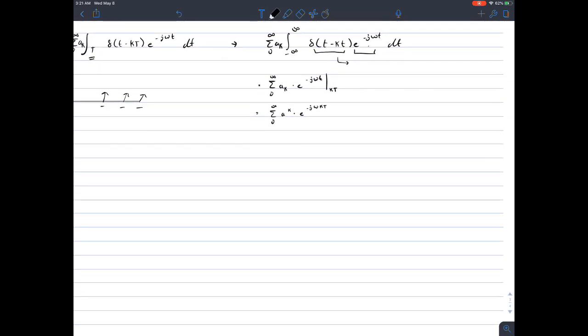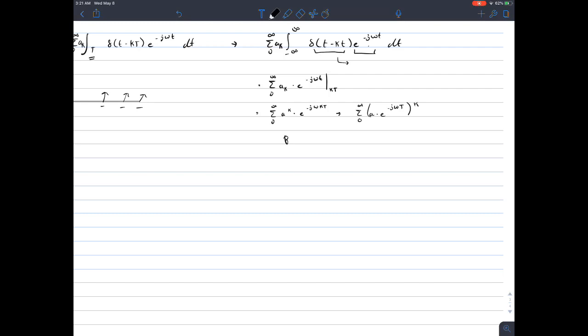Alright, and this is shaping up to look like a geometric series. So the summation from 0 to infinity of a sub k, we don't want to do that, we want to take it out: a times e to the negative j omega big T, all raised to the k.